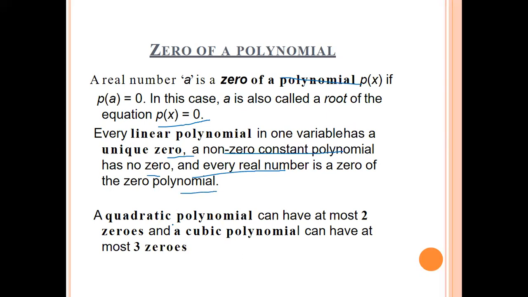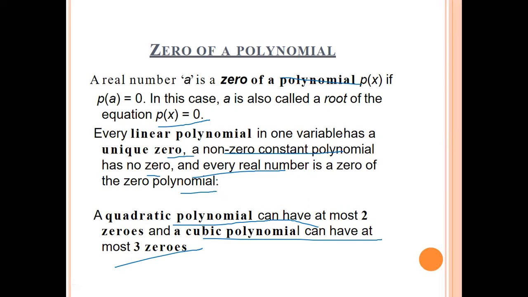A quadratic polynomial can have at most 2 zeros, and a cubic polynomial can have at most 3 zeros. The highest will be the degree. If the degree is 3, the zeros are 3. If the degree is 7, the zeros are 7.